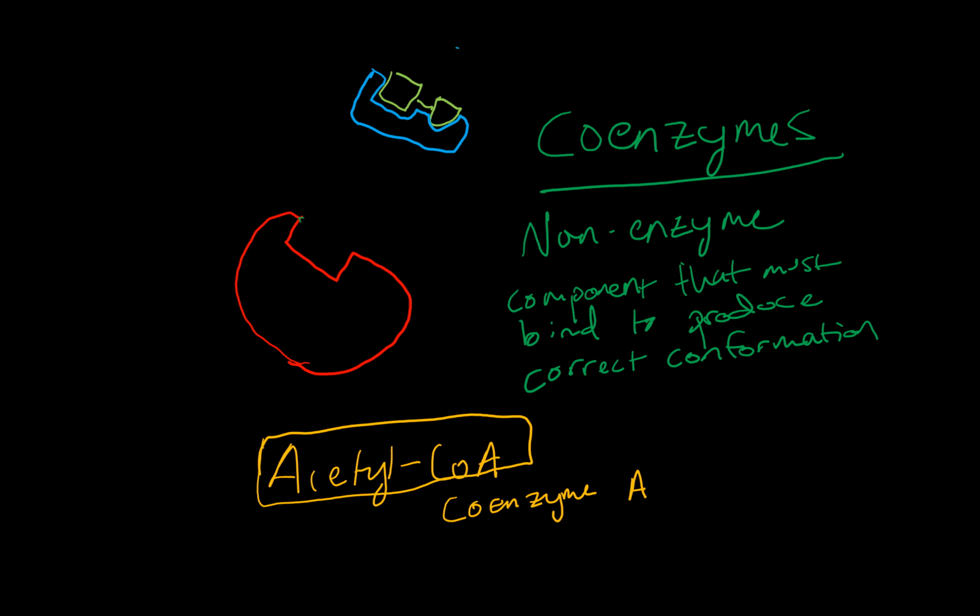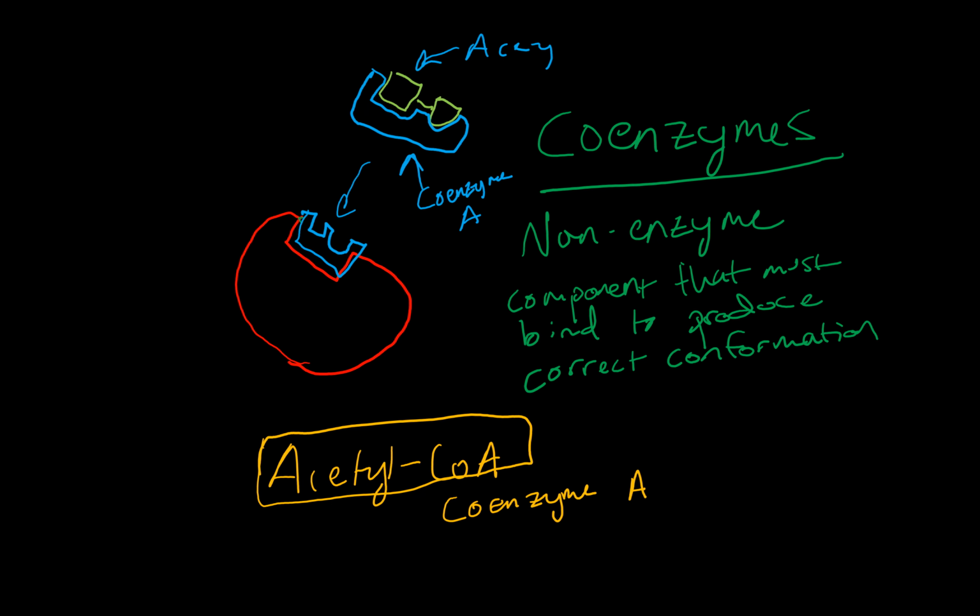So this is my acetyl, and this is coenzyme A. And then it can then bind at the enzyme and have the reaction catalyzed. That would be an example of a coenzyme being used in order to regulate the enzyme's activity, right?